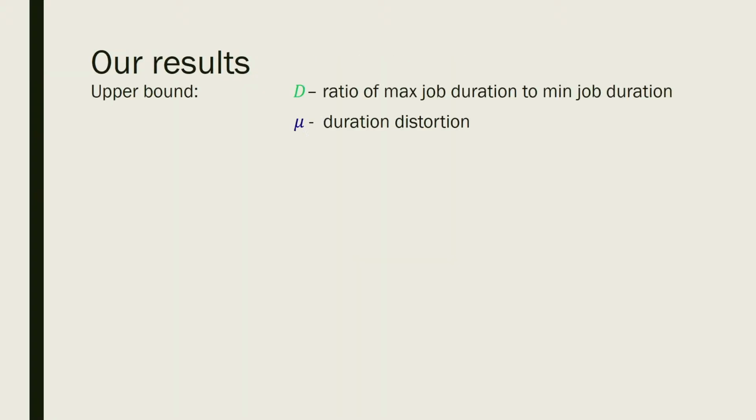But our main result will be the following. Surprisingly, by not using the estimation correctly, you can return to log m plus log d. You improve quadratically. It's a bit surprising. It means that even if you don't know the processing time exactly, but up to a factor of 2, you still get the same competitive ratio as if you knew the exact duration.